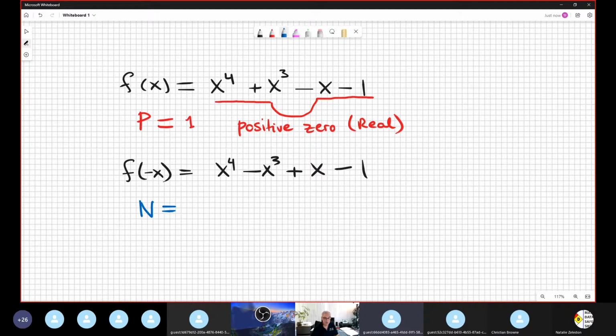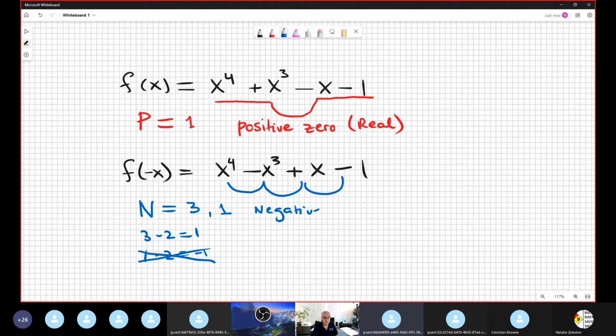Okay, this is change. Wow, the positive negative. Negative positive change. Oh, positive negative. And change again. How many changes? 3 changes. And remember, you subtract 2. So 3 minus 2 is 1. And 1 minus 2 is negative 1. No good. It has no sense, a negative number. It's stupid. Now we have 3 or 1 negative real zeros. I don't know if it's 3 or if it's 1.